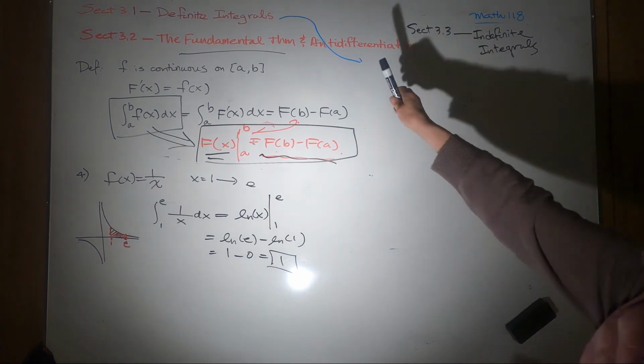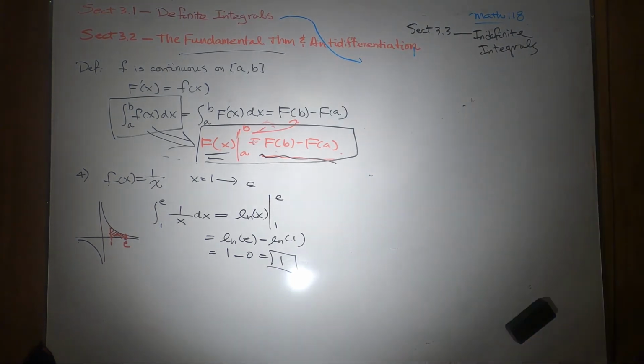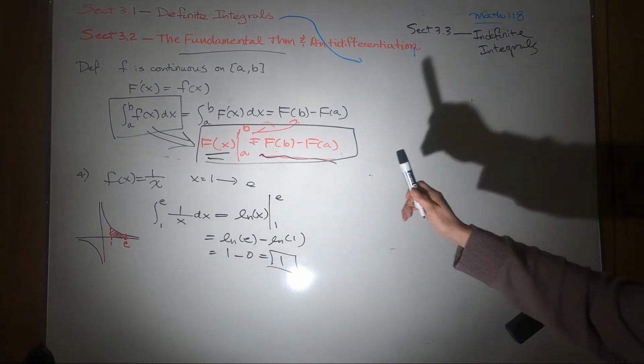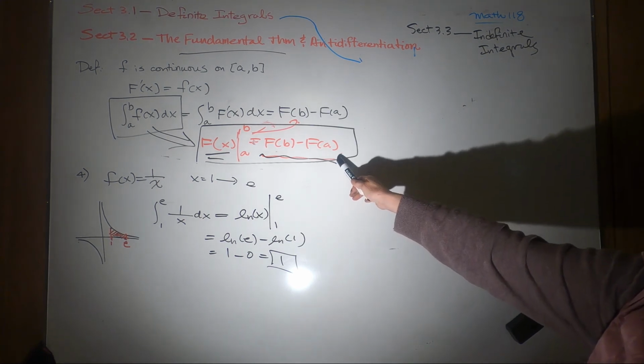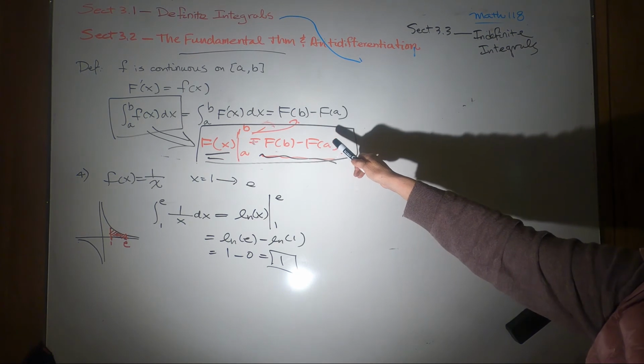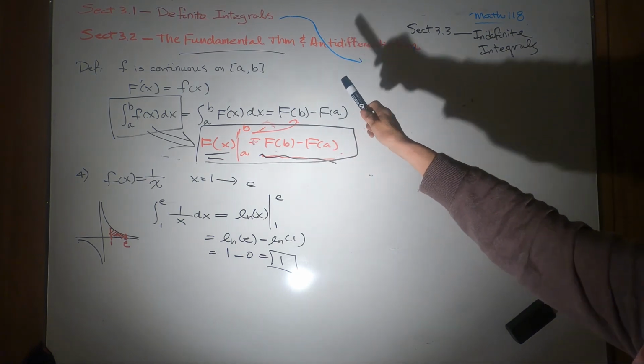Then in the definite integrals, they say the area underneath the curve, it happens to be what? The antiderivative. Then in this section, we use this different theorem.